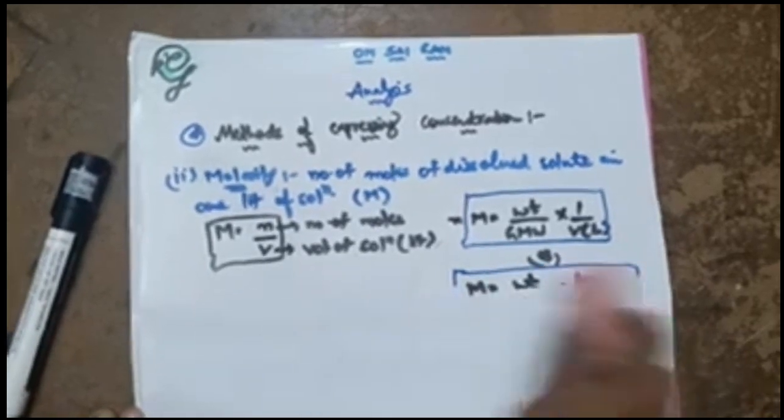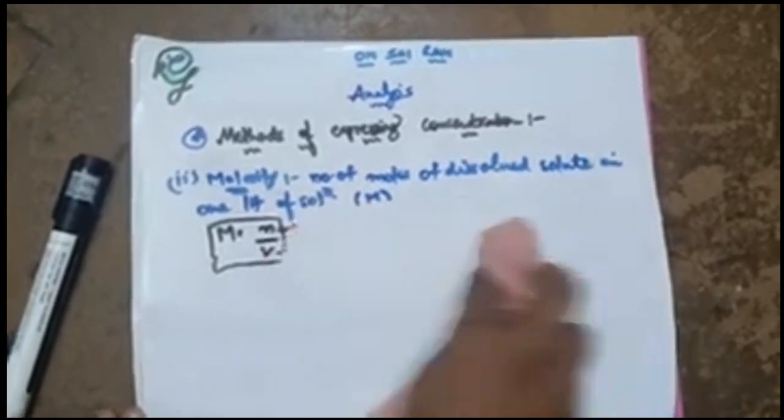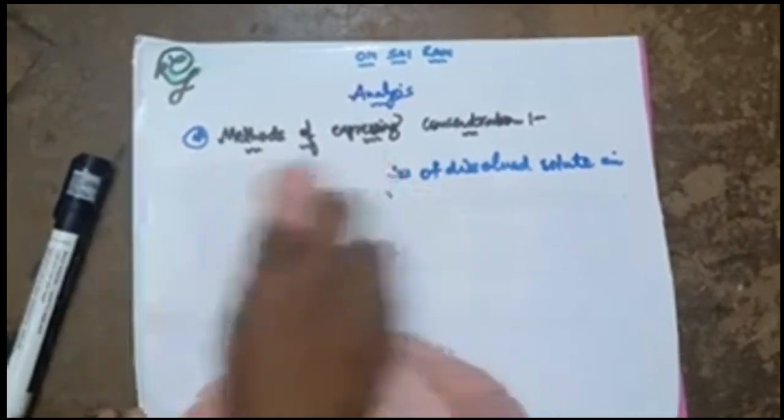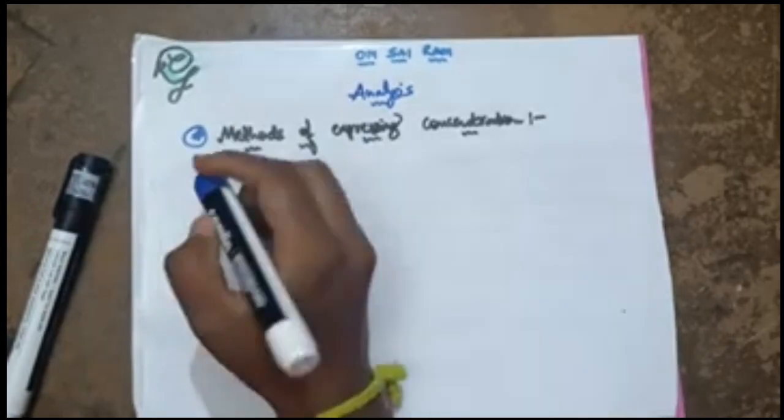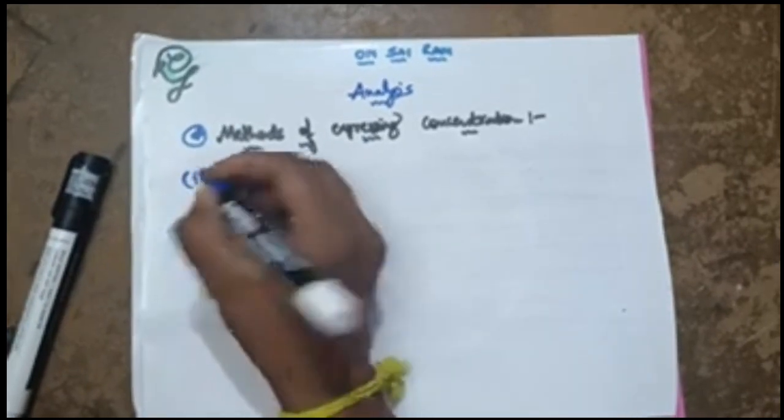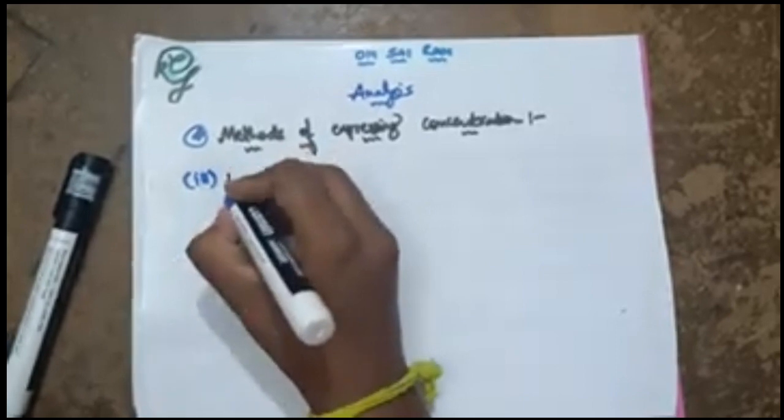the normality. Normality is similar to molarity, but here we use gram equivalent weight instead of gram molecular weight. You should remember that.